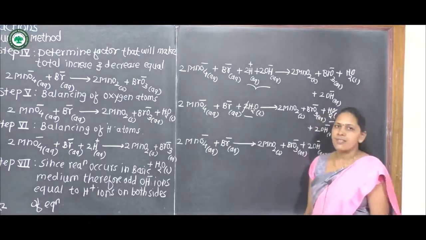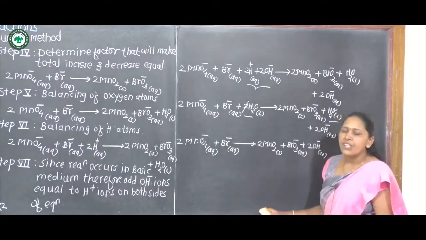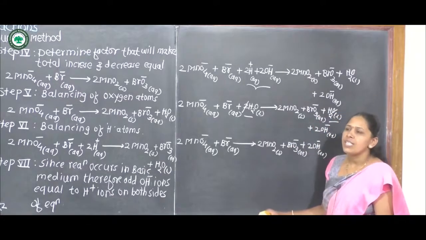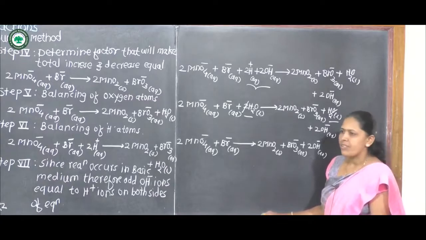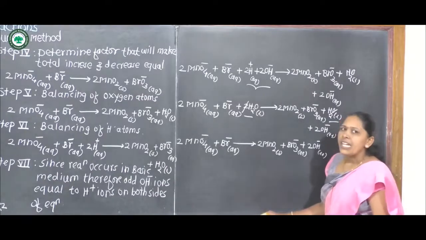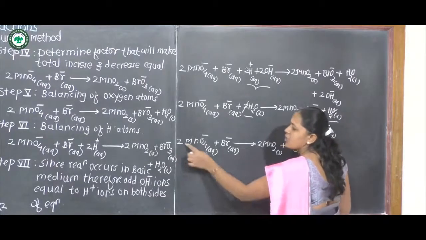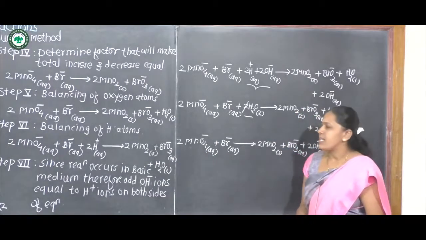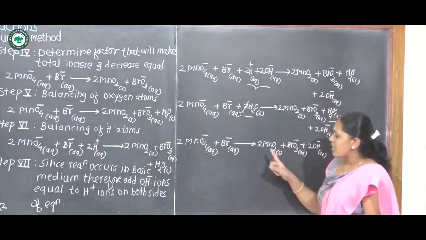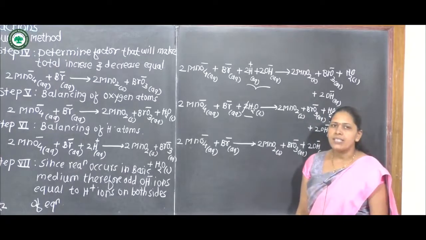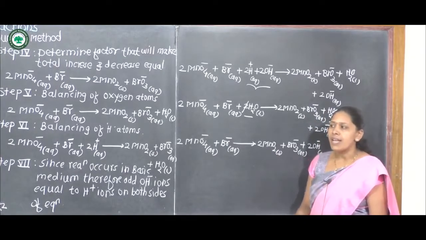Now the last step: check the equation with respect to all atoms and charges, whether they are balanced or not. On the left-hand side there are 2 atoms of manganese, and on the right-hand side also 2 atoms of manganese, so manganese is balanced.